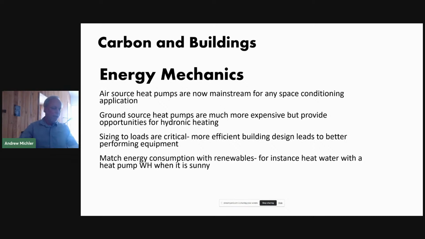While if it's a primarily heating condition, ground source heat pumps may not be the most effective compared to air source heat pumps. So just be careful that there's no right answer for all of these, even though lots of people have opinions about them. And then sizing of these things.